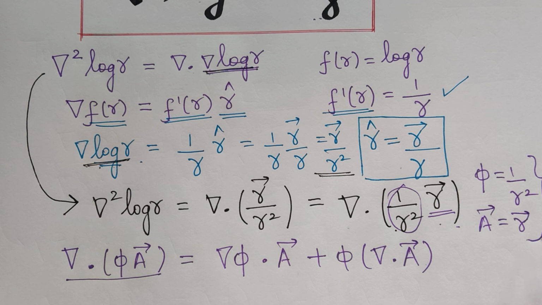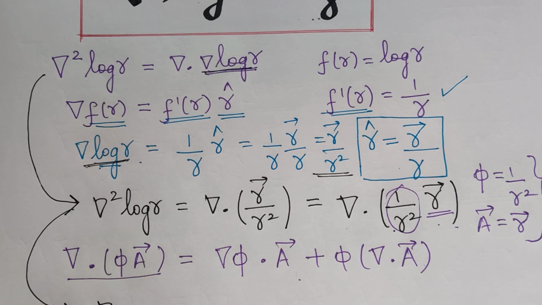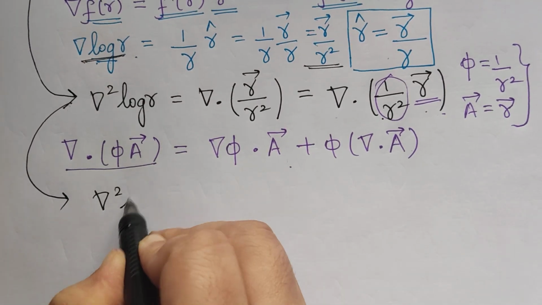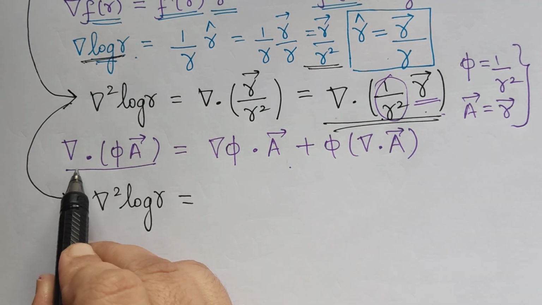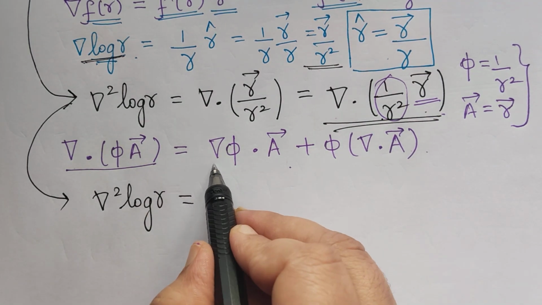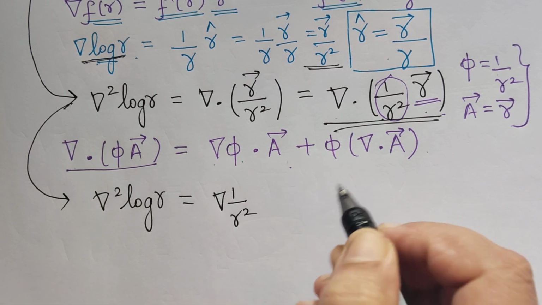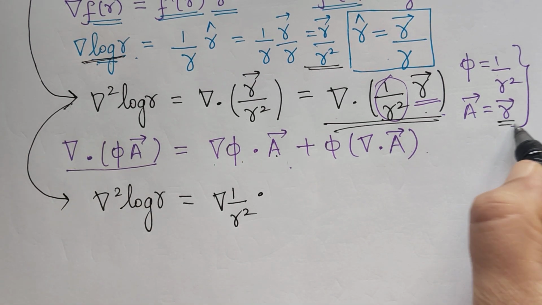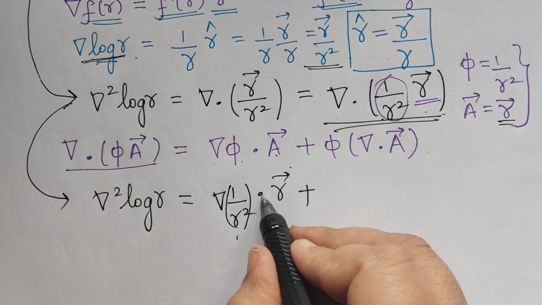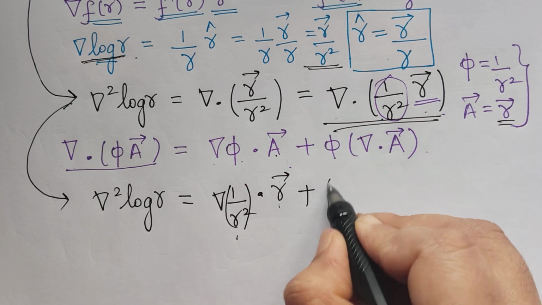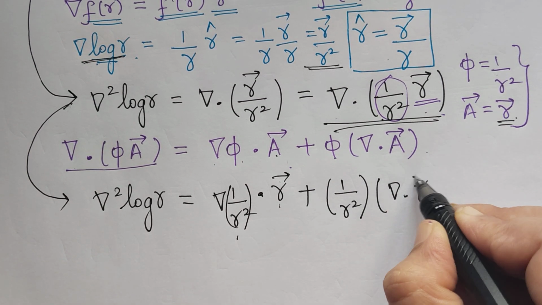So making use of these in the formula, nabla square log r will be nabla 1 by r square dot product with r vector, plus phi, which is 1 by r square, multiplied with nabla dot a vector, which is r vector.